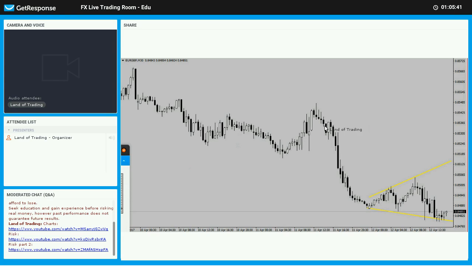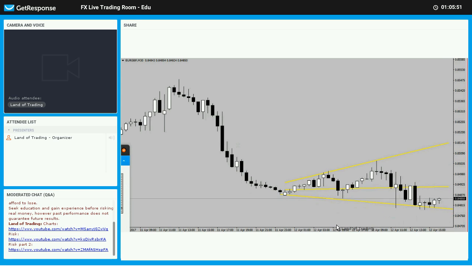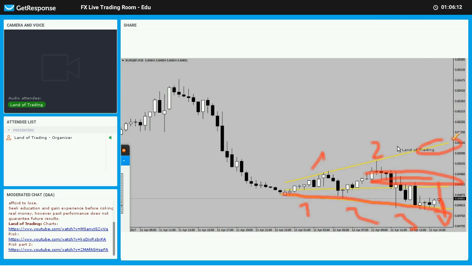Looks like we may want to create some kind of megaphone here. Okay, the downside is open, right? 1, 2, 3. Upside 1, 2. I'm not sure if we are gonna go straight, right? Most probably we have to test 85 again or 85.15 to open the upside as well.